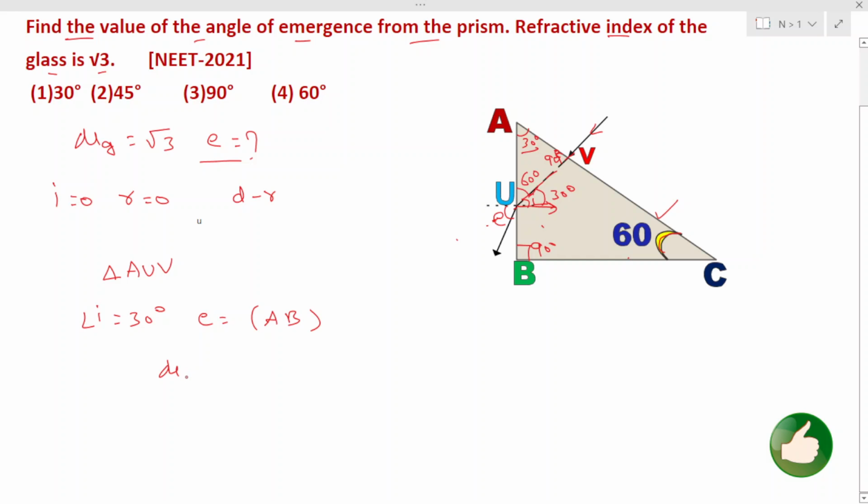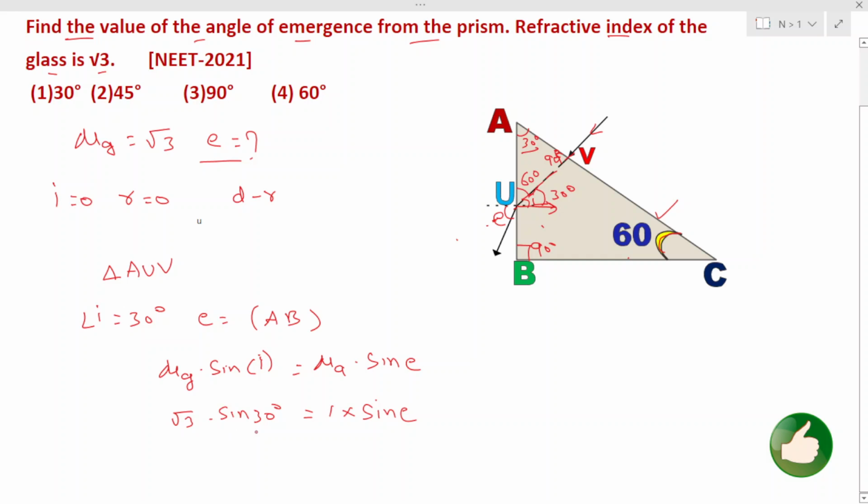So the refractive index of glass into sine of the angle of incidence in glass, sine I, is equal to the refractive index of air into sine of the angle of emergence. Refractive index of glass is √3 into sine 30 degrees is equal to refractive index of air, 1, into sine of the angle of emergence.